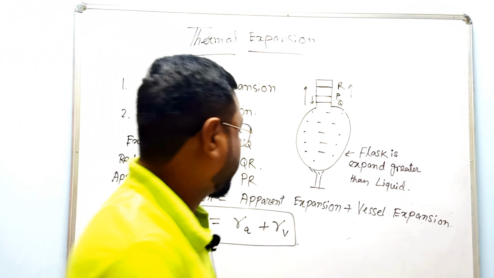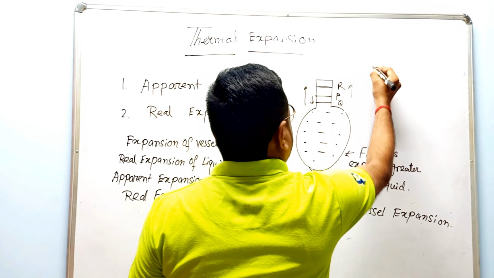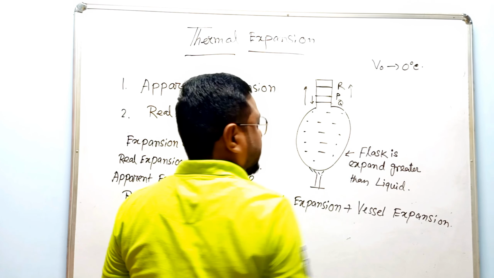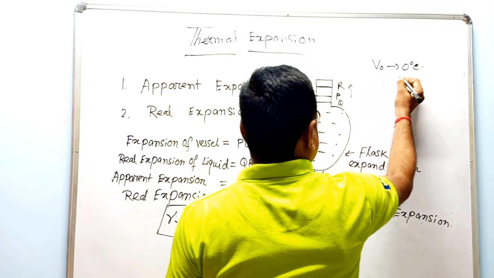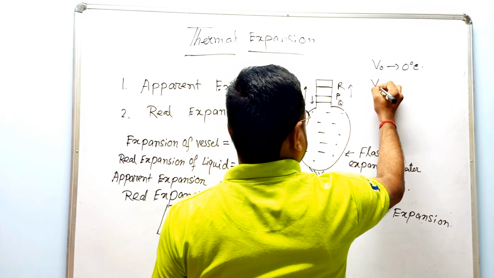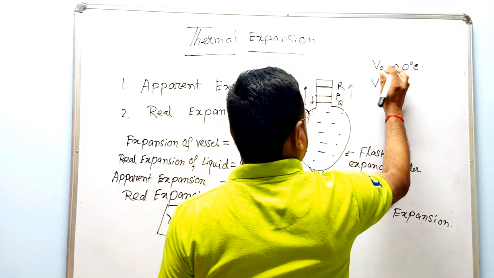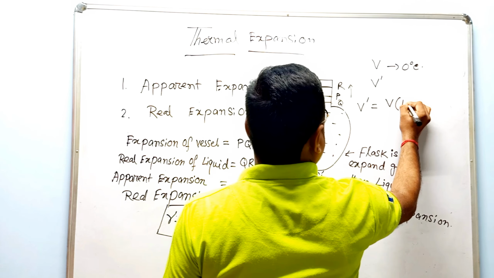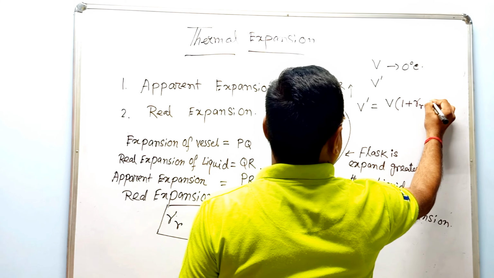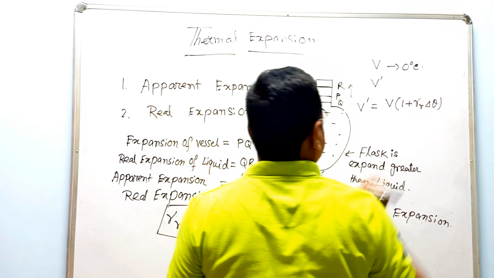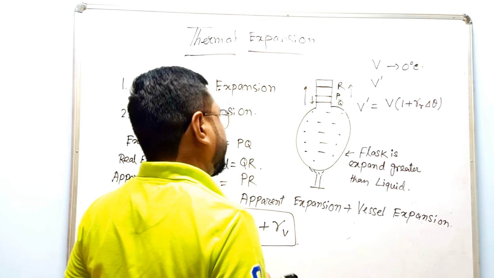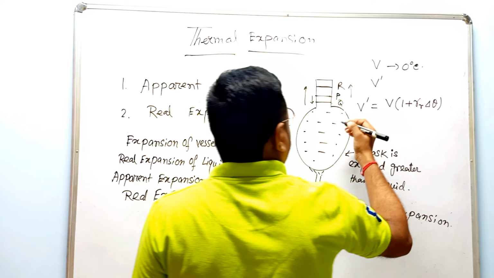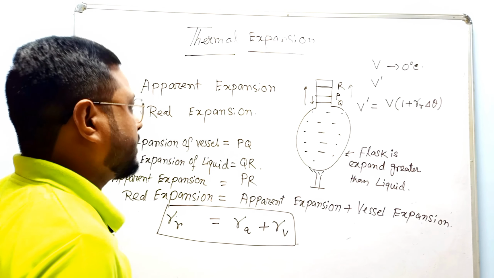If the liquid has volume V0 at some temperature like 0 degree centigrade, and after delta T temperature change the volume is V dash, then V dash equals V into 1 plus gamma R into delta theta.